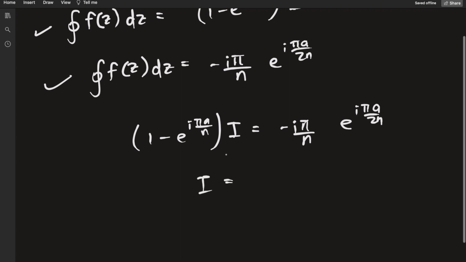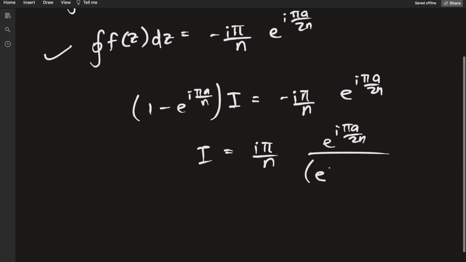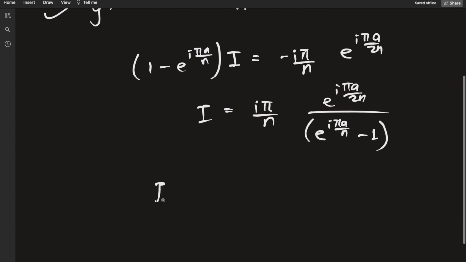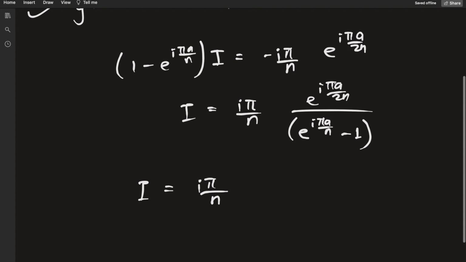So I is equal to, now we can use the negative to flip the order of this. i pi over n e to the i pi a over 2n, and then flip the order, e to the i pi a over n minus 1. And now what we're going to do is write this as a negative power in the denominator.